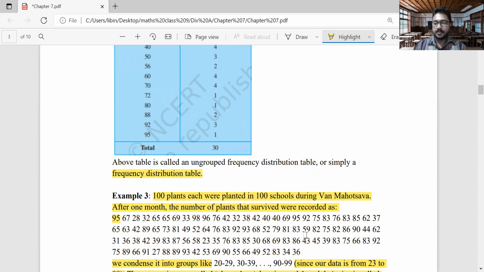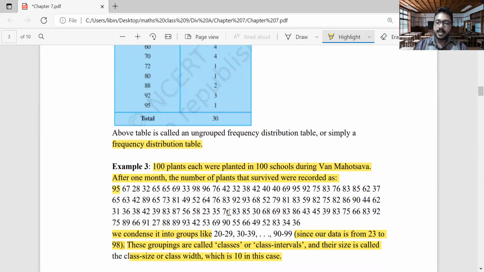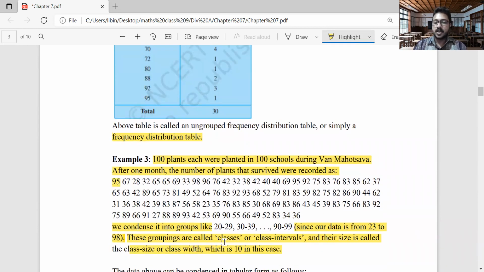To avoid that, we are going to the next level, where we take class intervals or classes, like 20 to 29. The numbers which lie between 20 and 29 are included in the class 20 to 29. Like that we proceed.